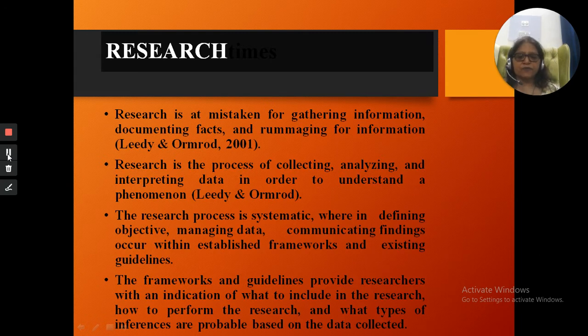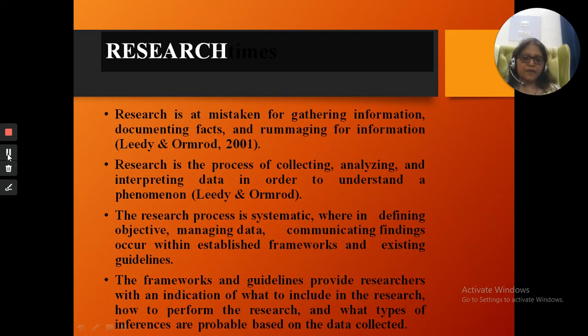First of all, we'll take up the meanings of research as defined by various authors. Leedy and Ormrod: Research is mistaken for gathering information, documenting facts, and rummaging for information. Research is the process of collecting, analyzing, and interpreting data in order to understand a phenomenon.